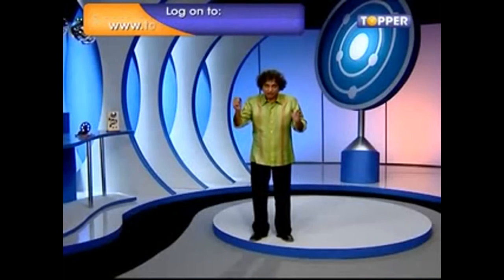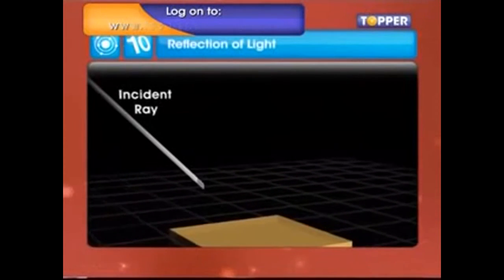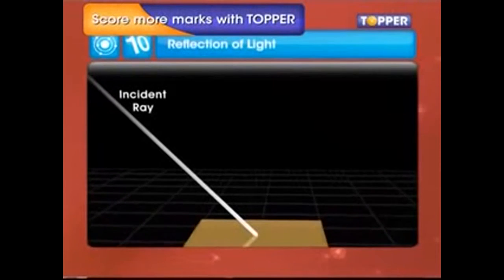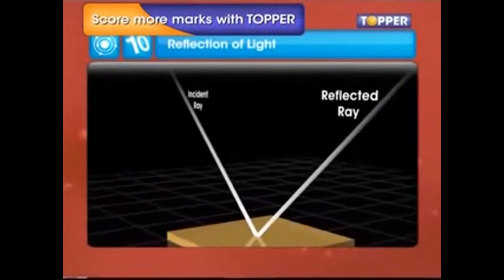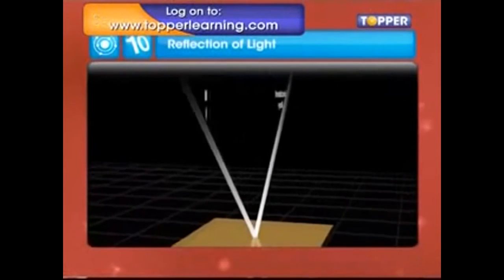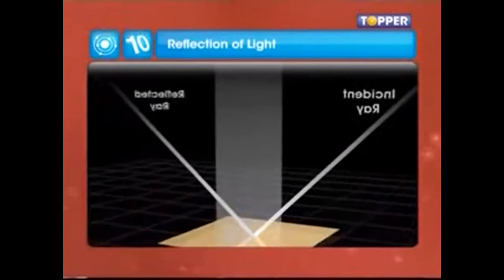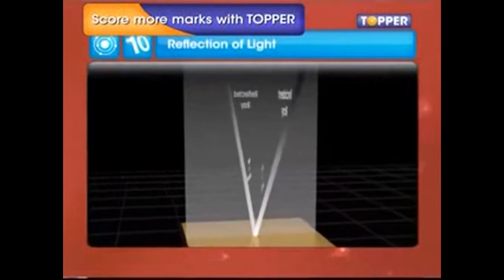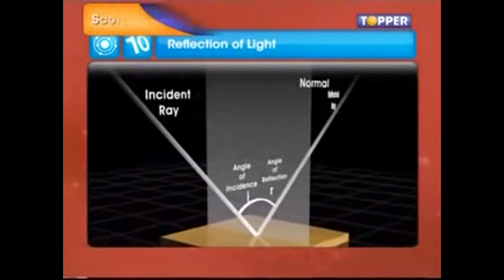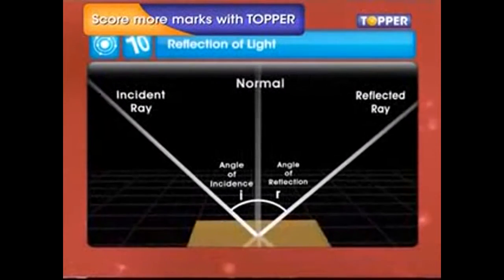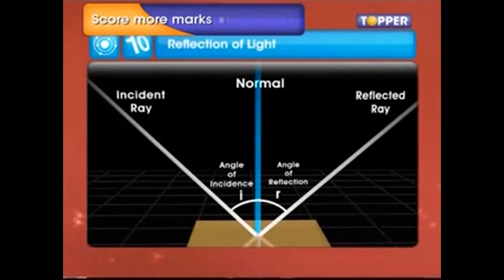The ray of light approaching a reflecting surface, such as a mirror, is called the incident ray, and the one that bounces back is called the reflected ray. An imaginary line drawn from the point at which the incident ray strikes and perpendicular to the reflecting surface is called the normal.